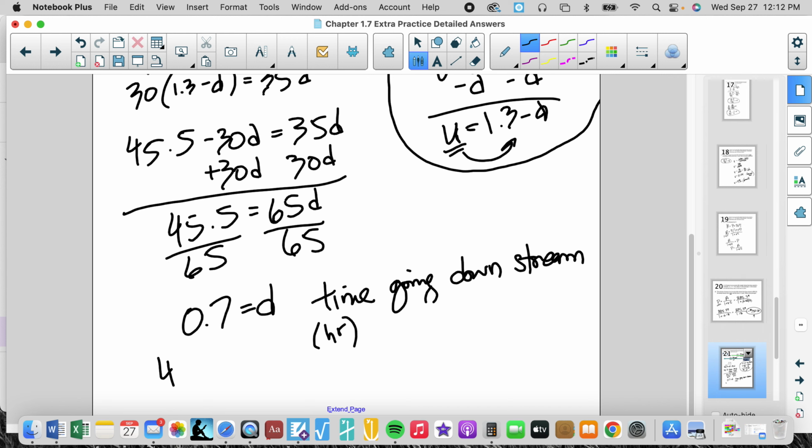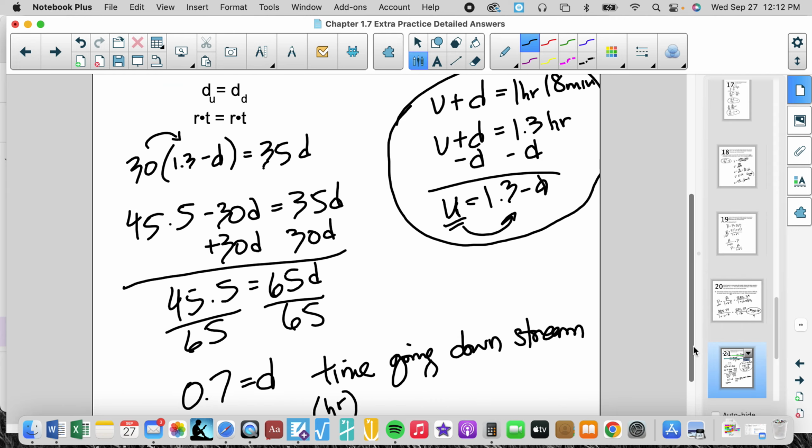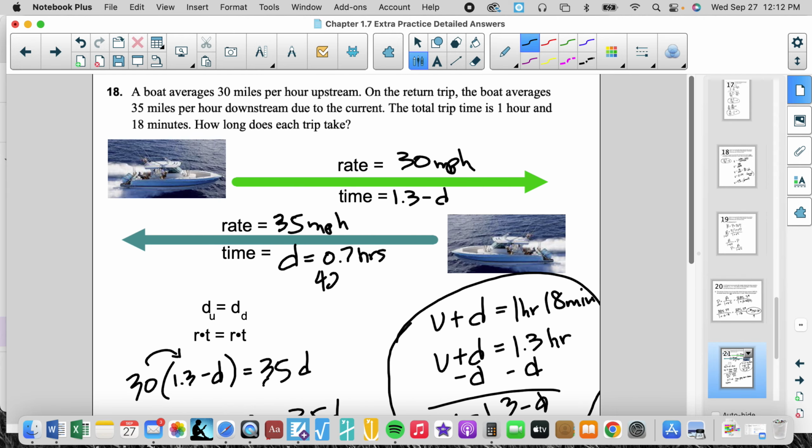So this is equivalent to 42 minutes going downstream, because that's D. So it is 0.7 hours, or what did we say, 42 minutes? Did we say 42? 42 minutes going downstream. So how long does each trip take?